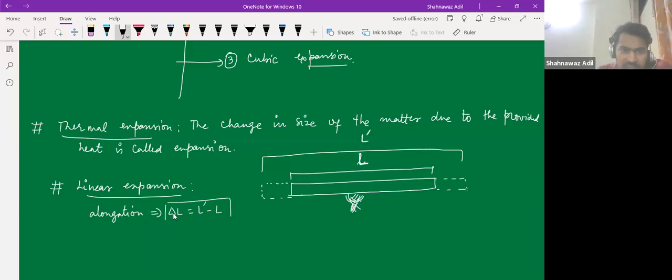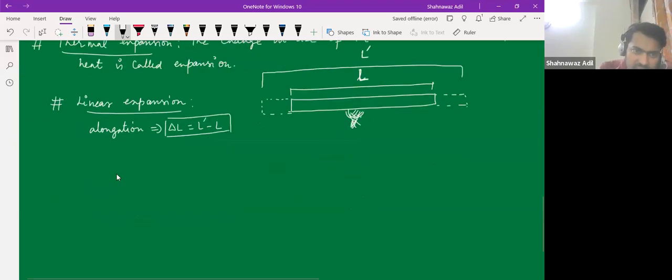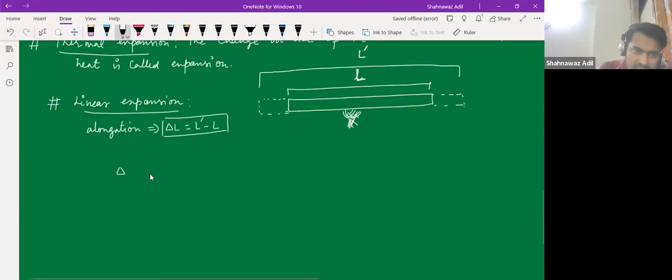And this is happening due to change in temperature. So this elongation is directly proportional to the length of the rod and the temperature change. If we remove the proportionality sign, we get a constant, and that is called alpha.